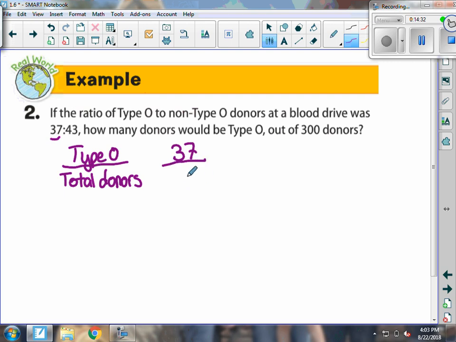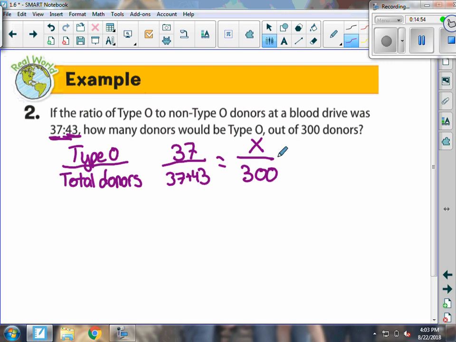I need the total. So I have to add 37 plus 43, because this is non-type O and this is type O. So to get my total, I have to add them together. This is going to equal, we're trying to find out how many type O we have, so I'm just going to put an X, out of 300 total donors.